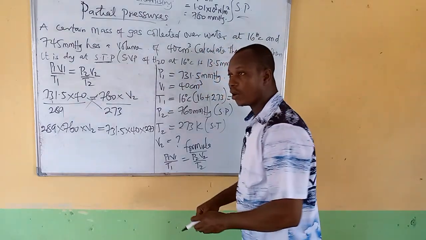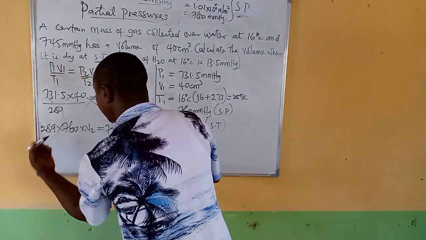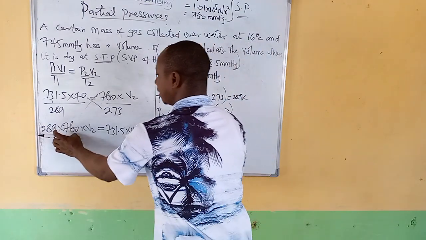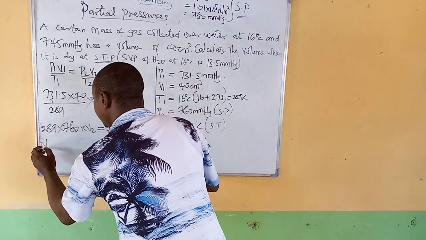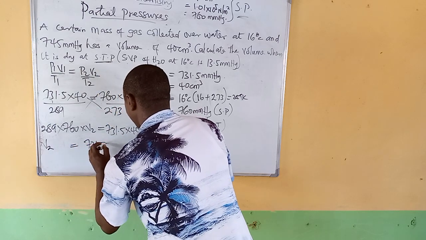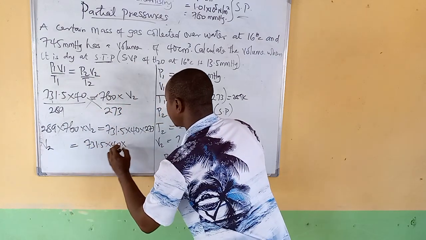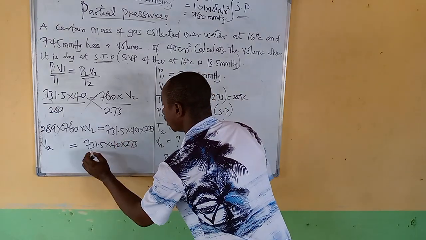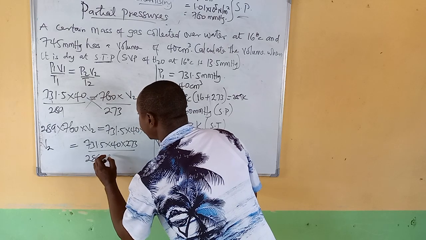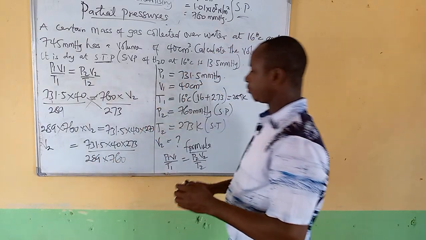Or we can just say, how do we make V2 the subject of the formula? By dividing both sides by this. So V2 equals 731.5 multiplied by 40 multiplied by 273, all divided by 289 times 760.